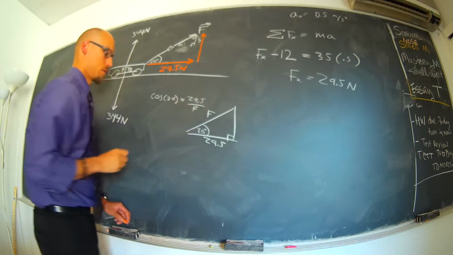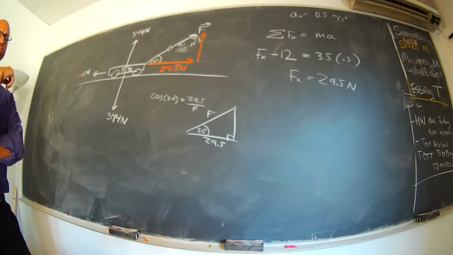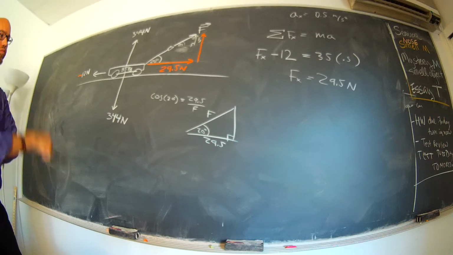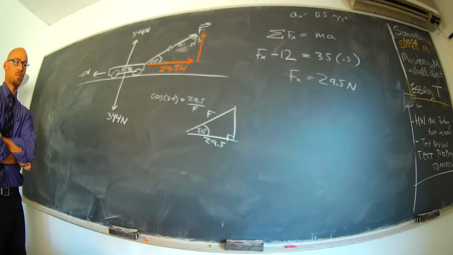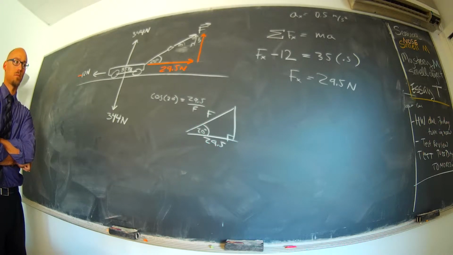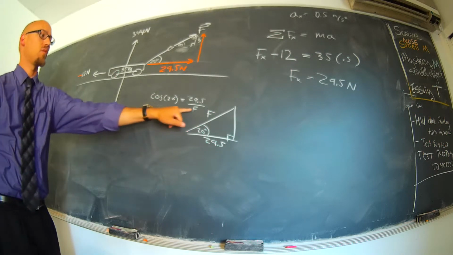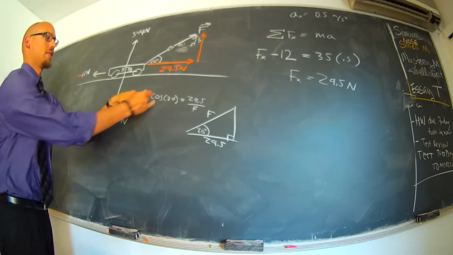And then just divide by F. I don't think you're doing it right, Jeff. So you want to get F up here, and then divide.